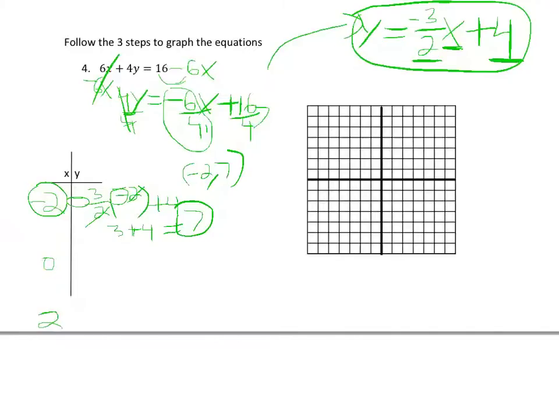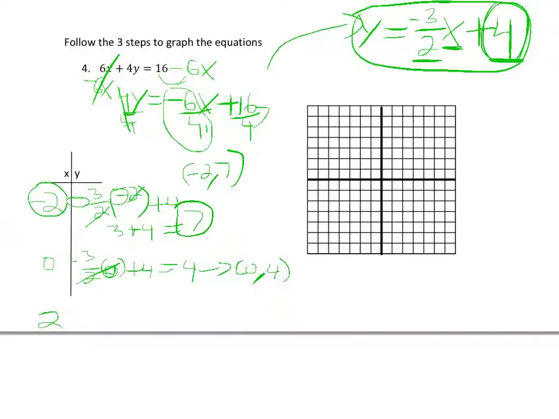0 is always an easy number to plug in. Remember, when you plug in 0, you always get just this number. To show you the work, it's negative 3 over 2, I plug in 0, then I add 4. This cancels out, that's just 0, and 0 plus 4 is 4. So this ordered pair is 0, 4.